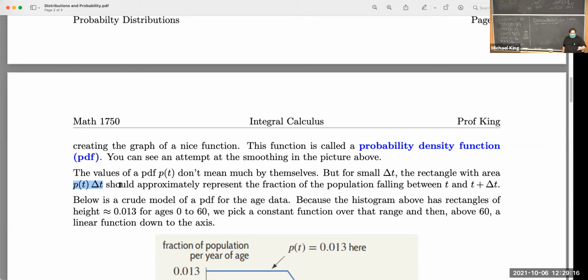You can do it with heights, you could do it with anything, right? With heights, you would see more of a bell curve because there are people who are really tall and people who are really short, but they're less common, and more people in the middle. So you could plot heights within millimeters of each other and then get a nice smooth curve. Or again, you could get boxes and then smooth it out.